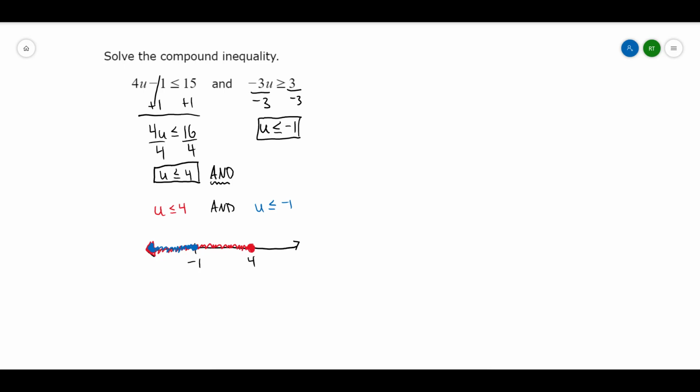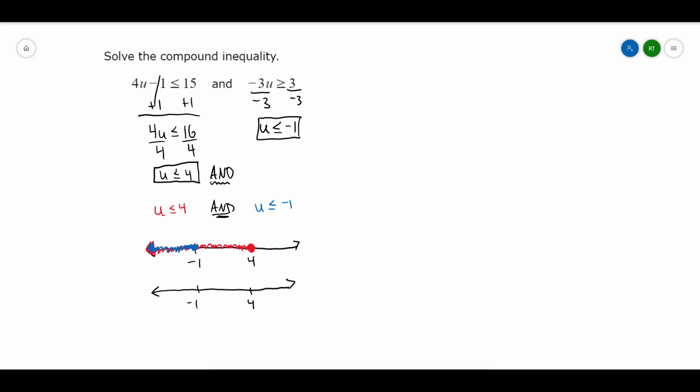Now keep in mind, when you are going to put your solution into Alex, if it's an and problem, and wants to know which solutions they share. So for my final answer in Alex, I would look at what section is shaded with blue and red.